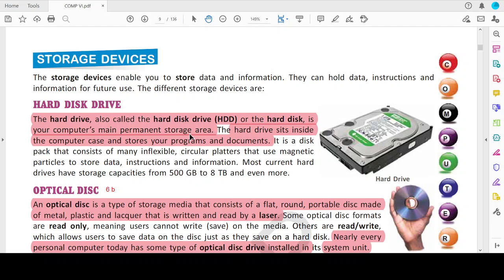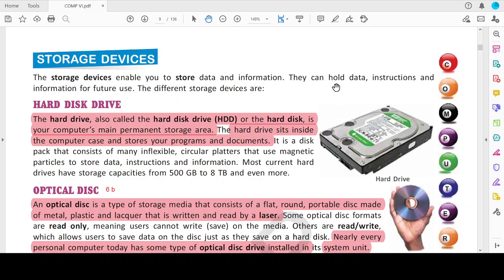Data on the hard disk is fetched to the primary memory so that it can be used by the processor of the computer. Some data in the hard disk cannot be directly processed by the processor. It has to be taken to the main memory of the computer, that is the RAM, random access memory.